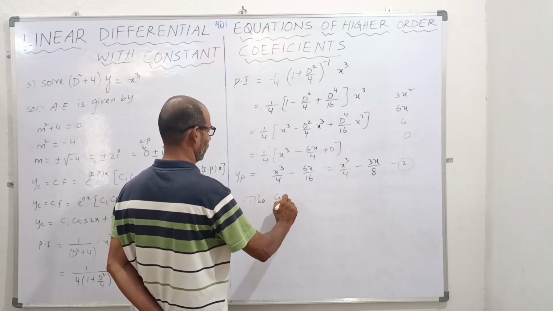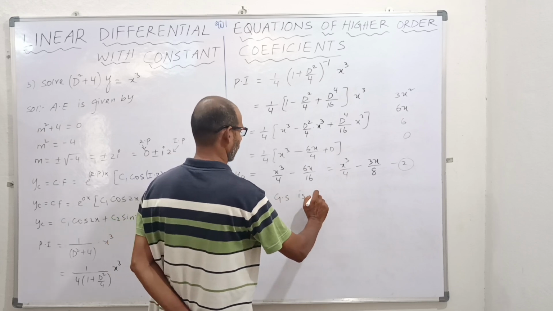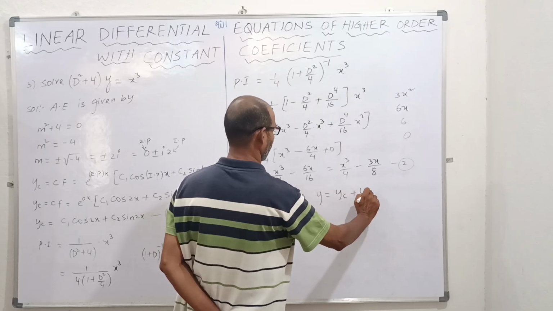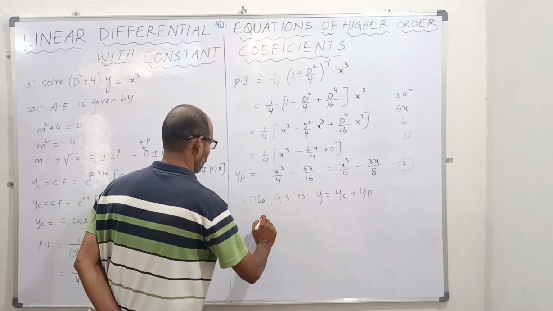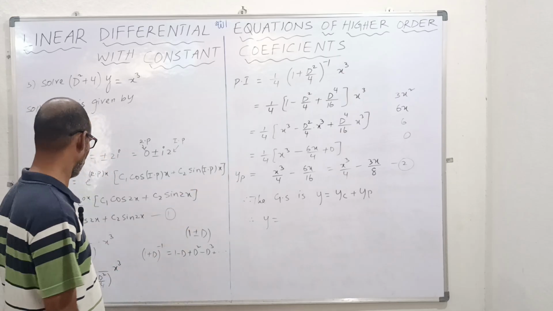Therefore, the general solution is given by y equals yc plus yp. So we add 1 and 2 to get the total solution.